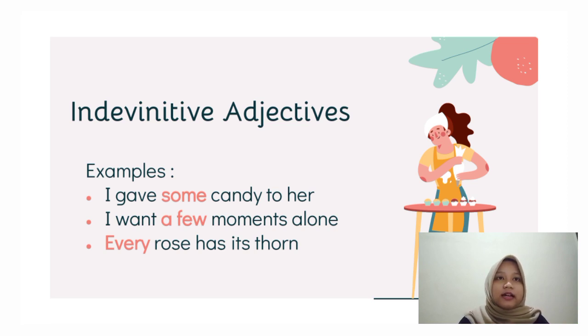The indefinite adjective is a few. And the last one is, every rose has its thorn. The indefinite adjective here is every, because it provides indefinite or unspecific information about the noun.